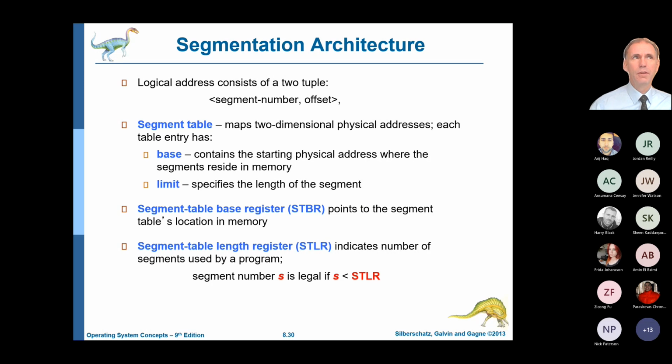So again, fancy name for that is a segment table. So if you have a table that stores all the information about one particular program, that presumably starts somewhere and you need to point to the start of it. So you start having a segment table base register and a segment table length to get an idea of how many things are in that.